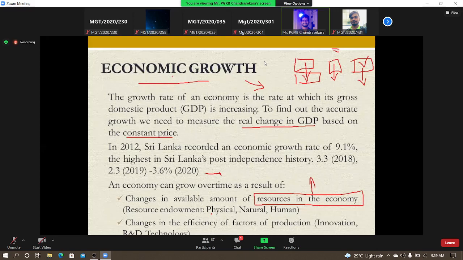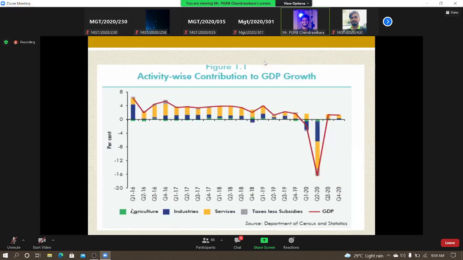So by changing the amount of available resources and the efficiency of the factors of production, we can gain a high gross domestic product, meaning high economic growth. That is the way to achieve economic growth.